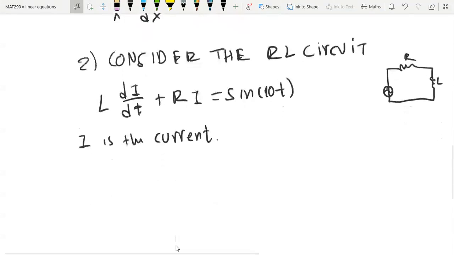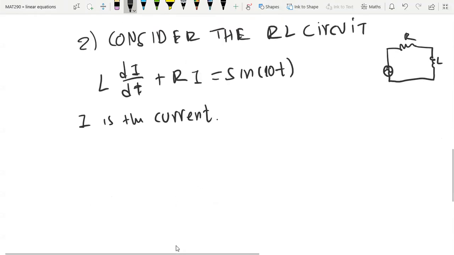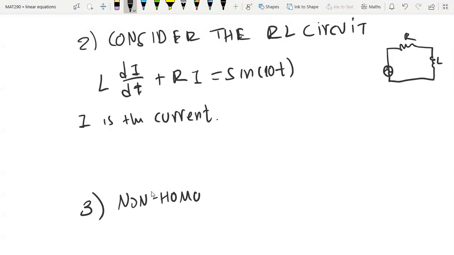Okay, let's do one more, and then I will convert them to standard form. So another example is a non-homogeneous one. This is also non-homogeneous.